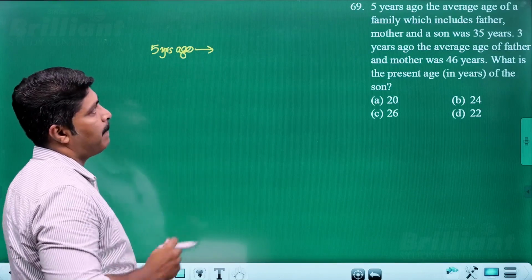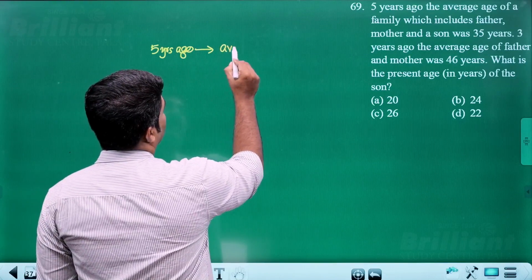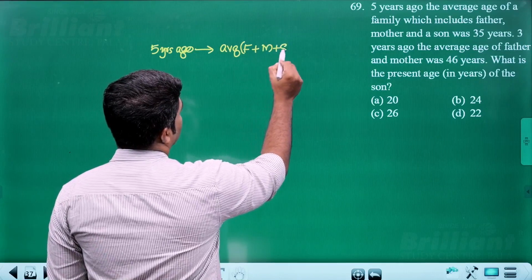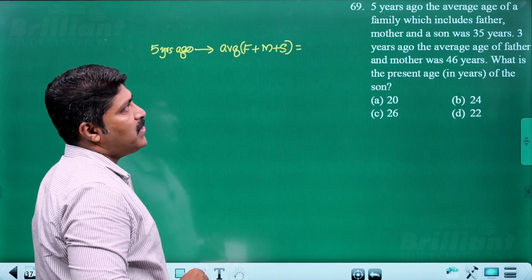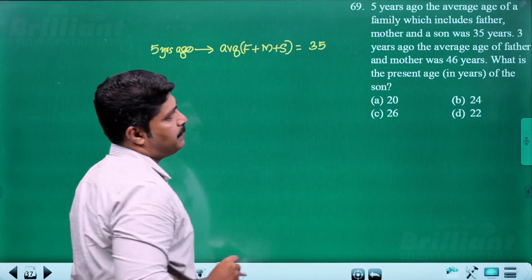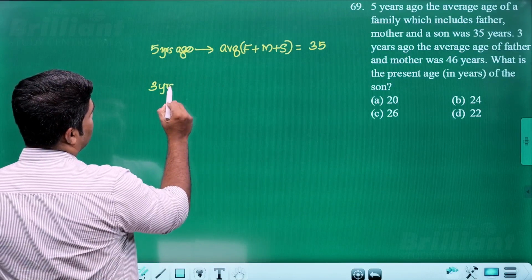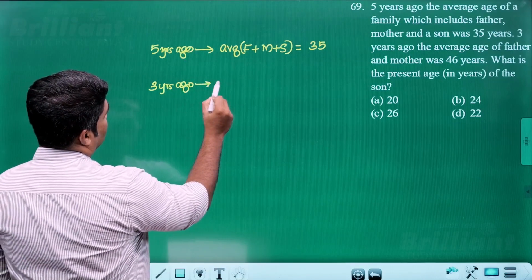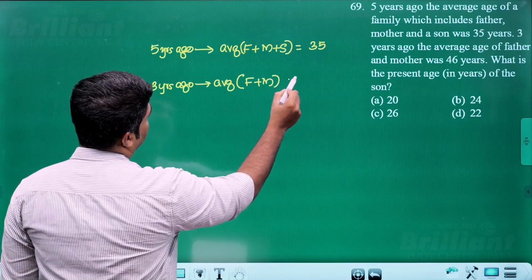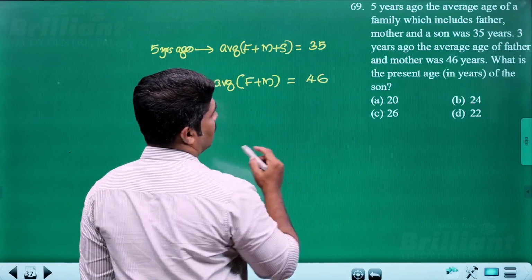Suppose we consider the periods like 5 years ago. 5 years ago, the average of father, mother, and son was 35 years. 3 years ago, only the average of father and mother is given, that is 46.